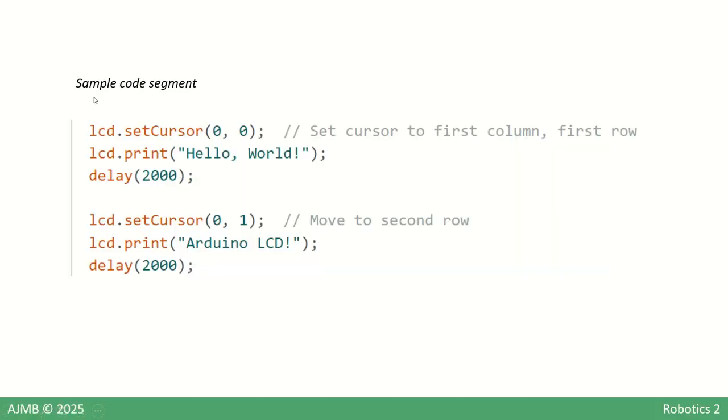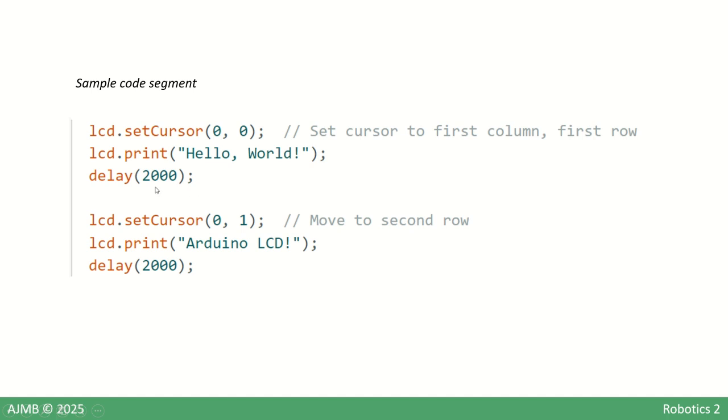This is just an example code segment. It is not a complete code, but I would like to show you how it can appear in a program. In the first line, you specify where to put your cursor. Your text will appear on the leftmost of the first row, column 0, row 0. The text that you want to appear is "Hello, World".